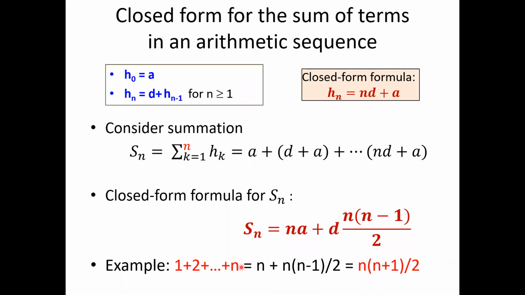Okay, the sum of the first n terms is this, okay? And I know there's something funny in this. You're getting this value if you instantiate a equal 1 and d equal 1. So just take this formula with a equal 1 and d equal 1. Then this would be true, right?